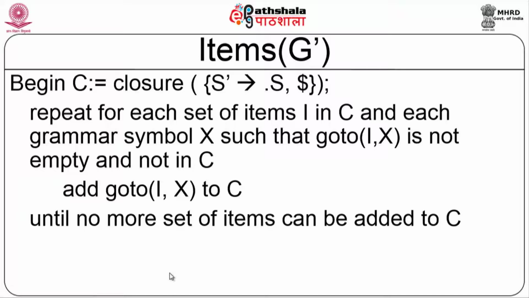Now, this closure will start with the first production of the augmented grammar with a dollar as the end marker. After this, I have to add the productions of S with a dollar as the end marker, and then start with the goto construction, and that will be your total item set.